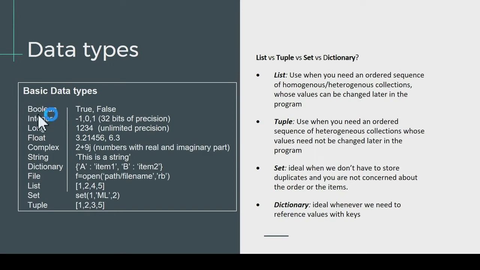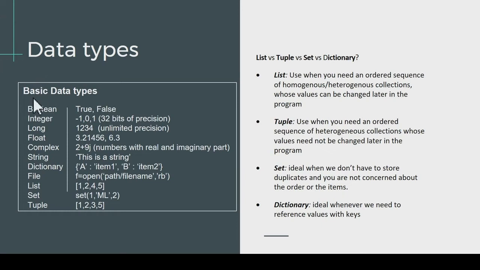So Boolean is a data type which actually stores values like true or false. Integer and long are data types which actually store numeric values with negative and positive signs. So something, let's say, like minus 10, plus 25, or 345 could be an integer value.